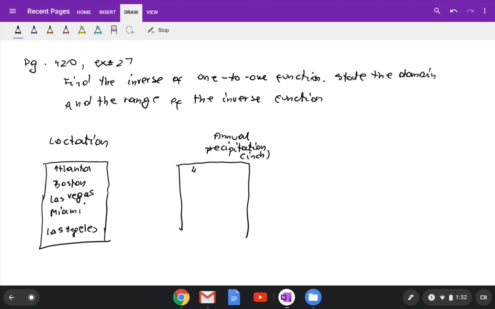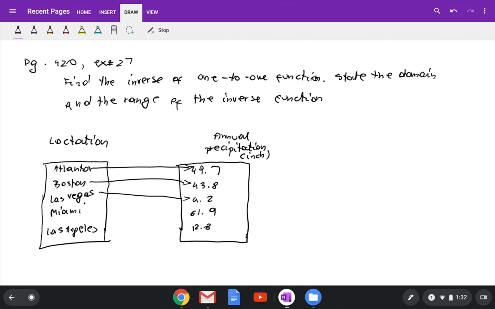So 49.7, 43.8, 4.2, 61.9, and then 12.8. So we have domain and range. This is the mapping. Definitely this example represents one-to-one function. Each input has unique output.